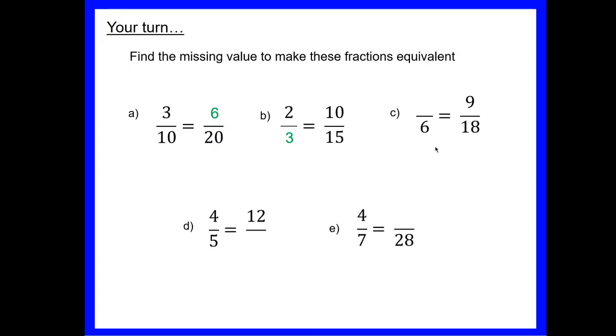To go from 18 to 6, we divide by 3, so we'll do 9 divided by 3 is 3. From 4 to 12, we times by 3. 5 times 3 is 15. And from 7 to 28, we times by 4. So 4 times 4 is 16. So hopefully you've drawn in the arrows if you need those to help you.